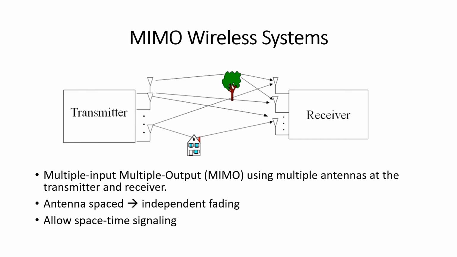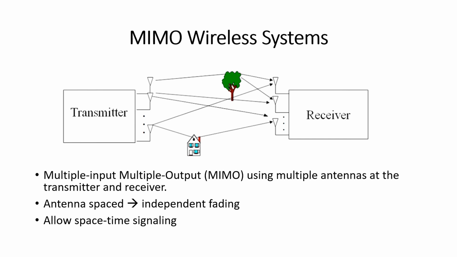Now we will see what MIMO means for a wireless system. This is the transmitter we have here. Each triangle represents an antenna. So we have multiple antennas connected with the transmitter. Whatever signal is transmitted by the transmitter is propagated through free space. It takes multiple paths to reach the destination.